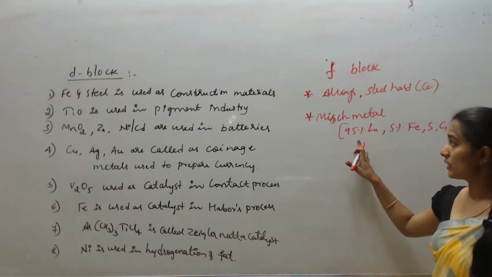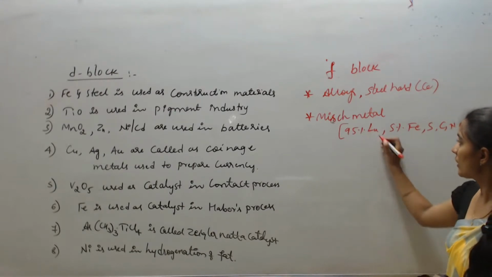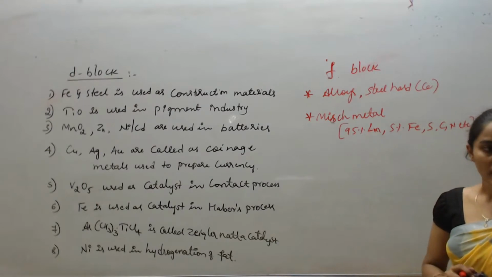This metal is mostly made up of 95% lanthanides and 5% iron.